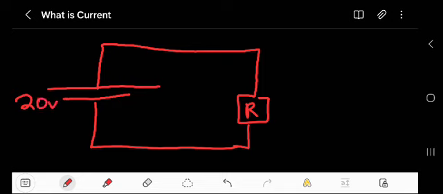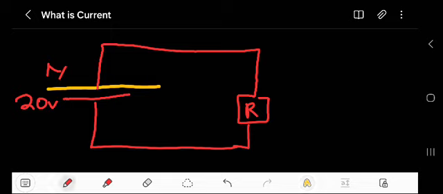You see this horizontal line, the big one? This is the positive terminal.